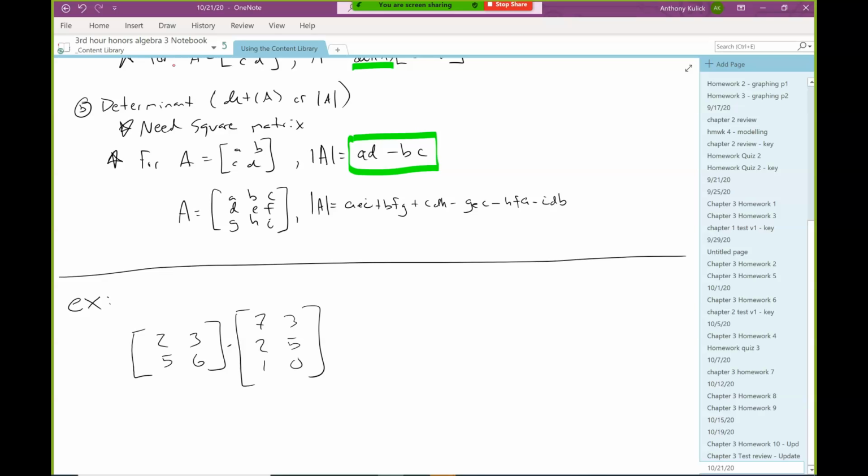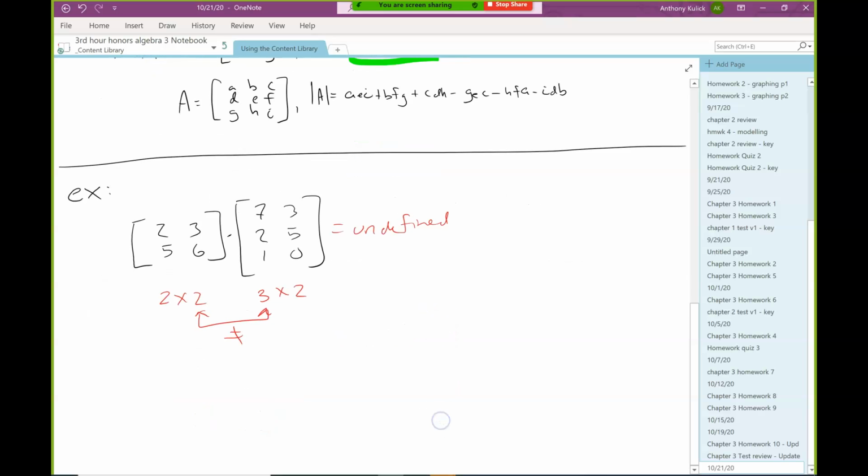Anybody have the answer to this yet? Mia? Yeah, this is undefined. Why is that? Yeah. So that turned out to be pretty easy to do.